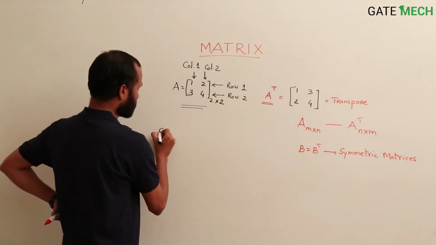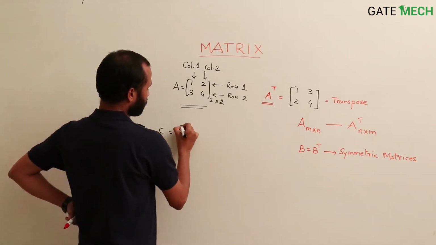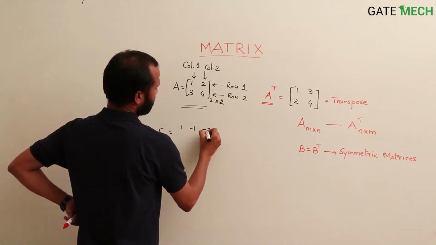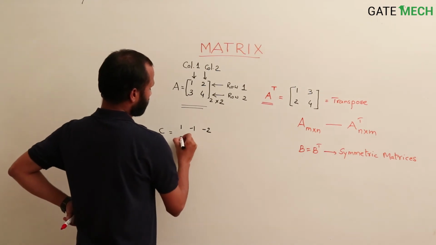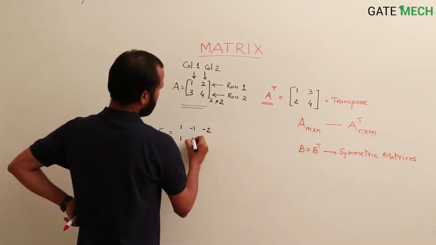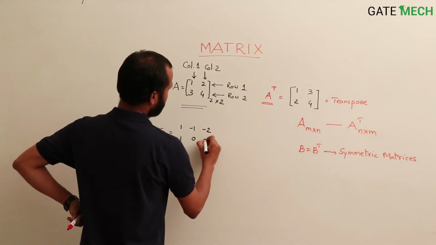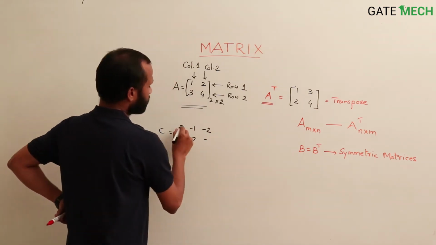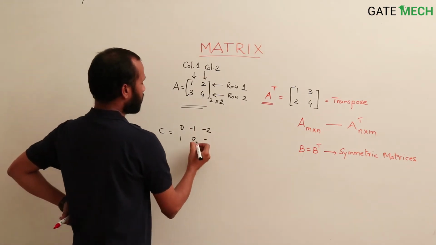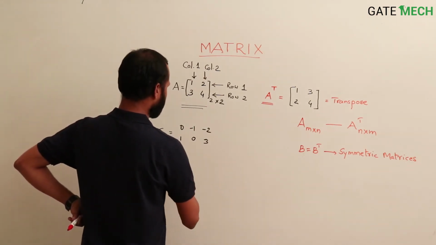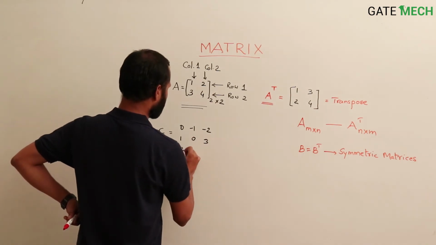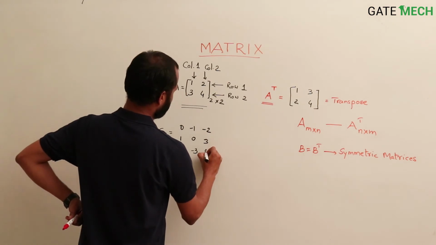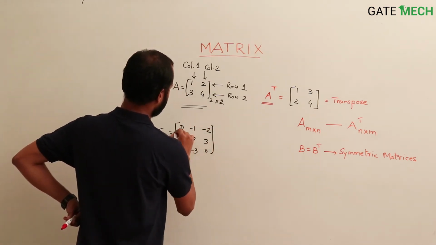So I'll write C. I'll take 1, minus 1, minus 2, 1, 0, 0, 0, minus 1, minus 2, 1, 0, 3, 2, minus 3, 0. This is the matrix, say suppose.